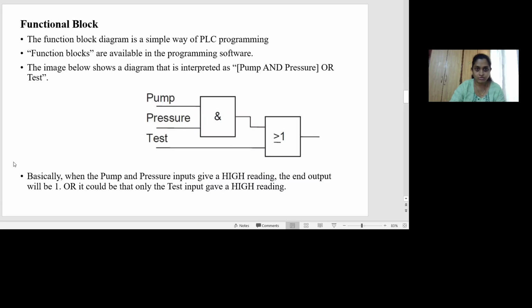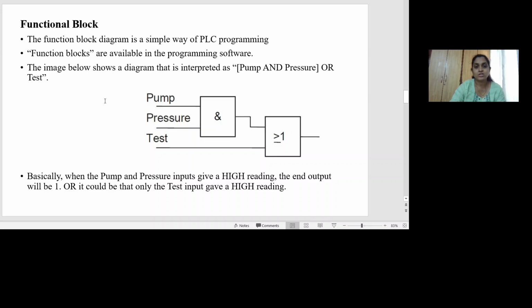Then we went through the functional block diagram way of programming. This is a graphical language, and here the blocks are available in the programming software. This FBD method is useful in applications where some tasks are carried out repetitively.